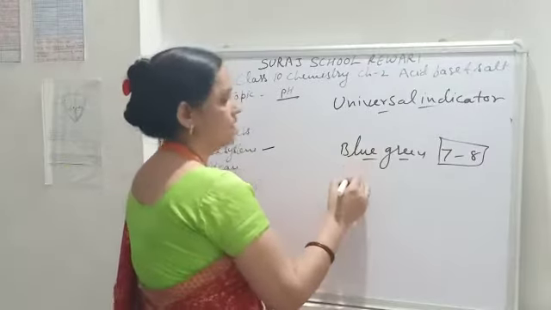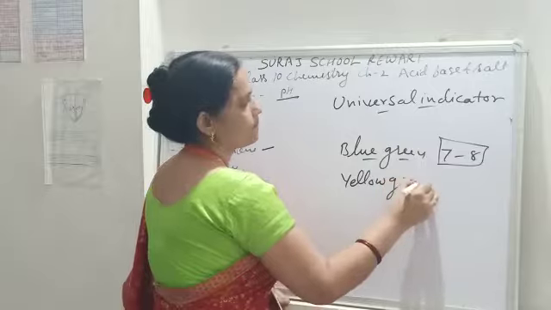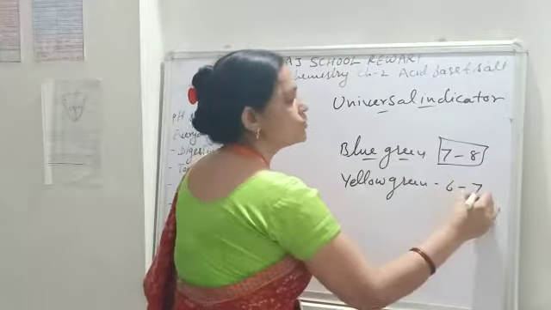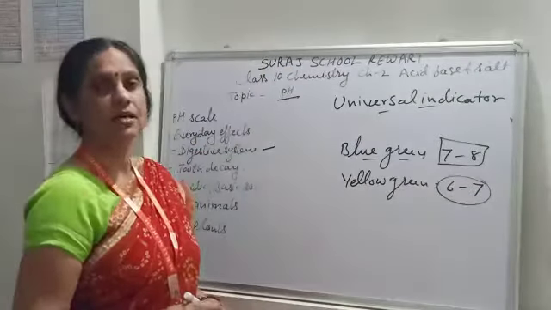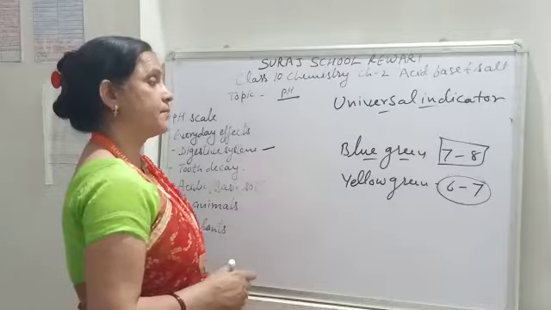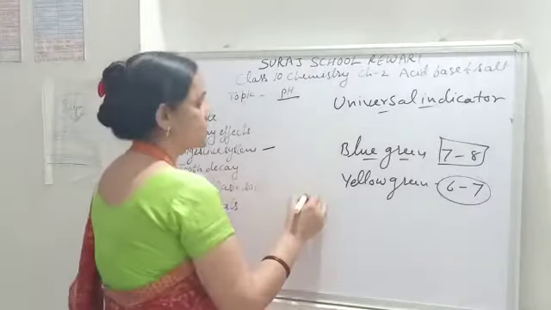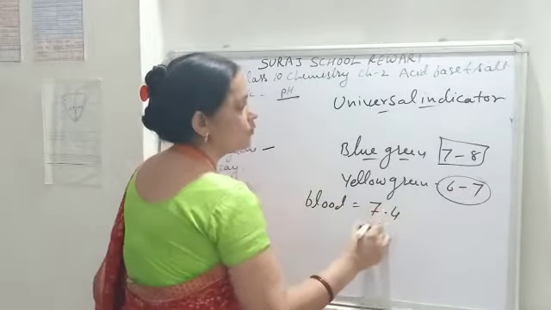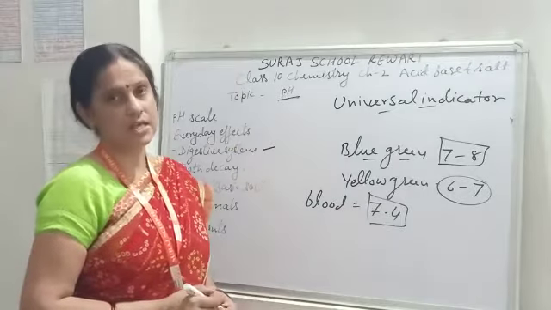And if it gives yellow-green color, then its pH range will be 6 to 7, means it is slightly acidic in nature. Here, our blood is also slightly basic in nature. The pH of our blood is 7.4, means our blood is slightly basic in nature.